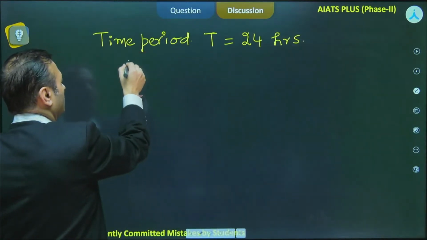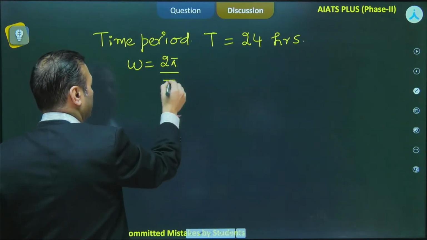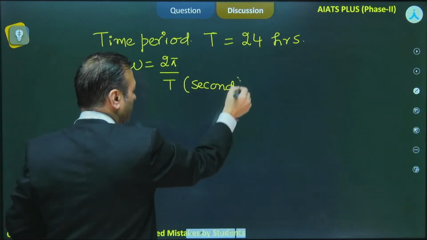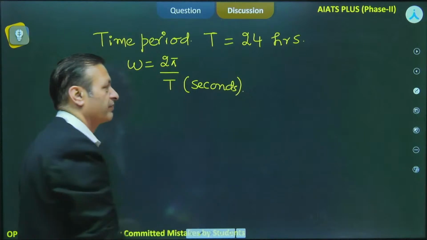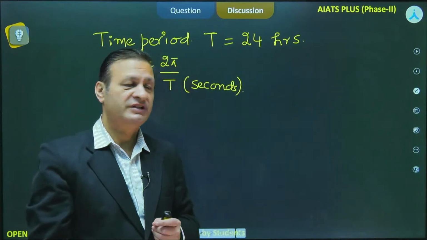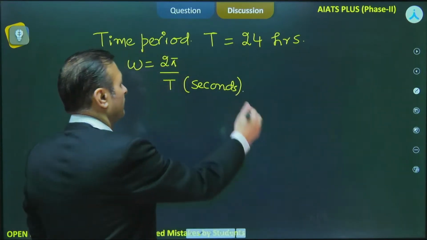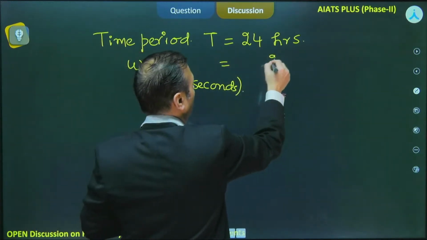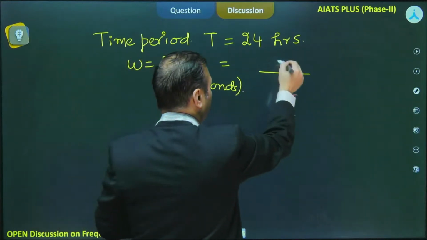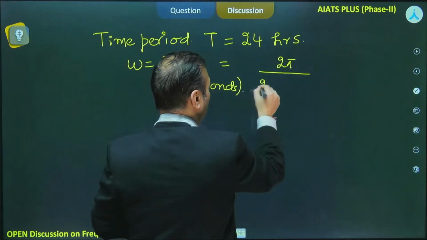But the formula for angular speed says 2 pi by T, and we have just observed this time has to be in seconds. For the Earth's rotation, the time period known to us is 24 hours, so we need to convert this to seconds. So this is 2 pi over 24 hours.